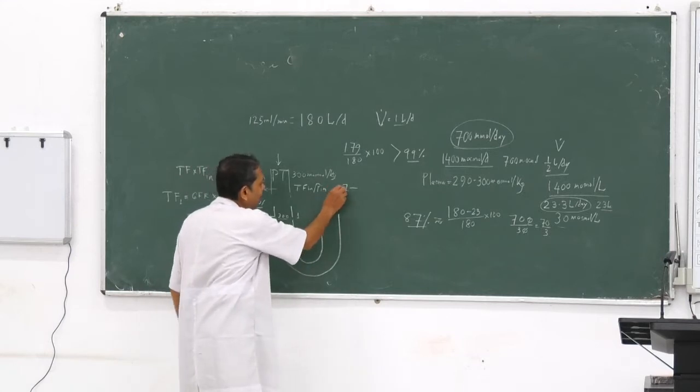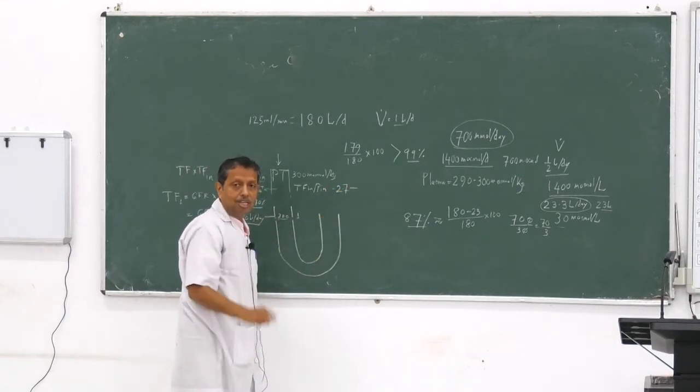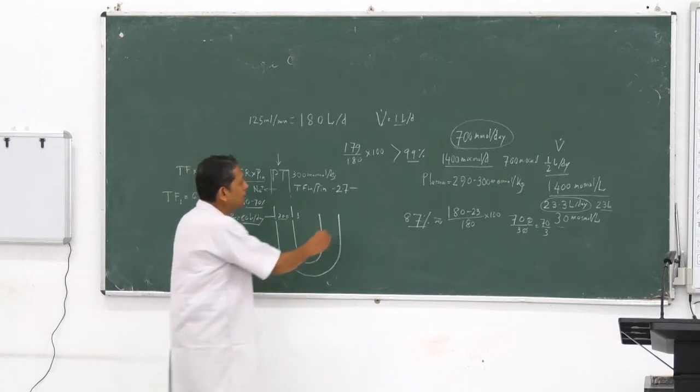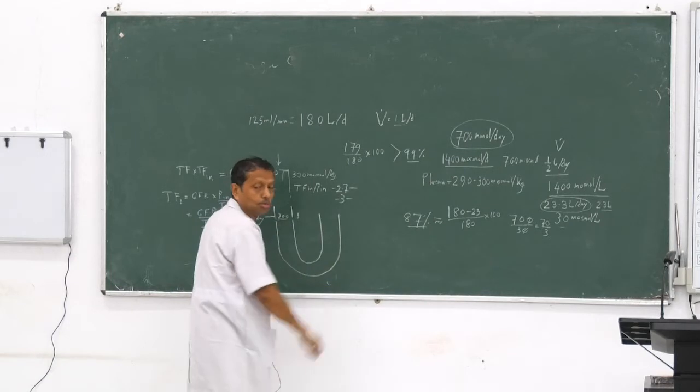The value 2.7 can increase on either side within limits, 60 to 70%. You can take a value of 3 or so.